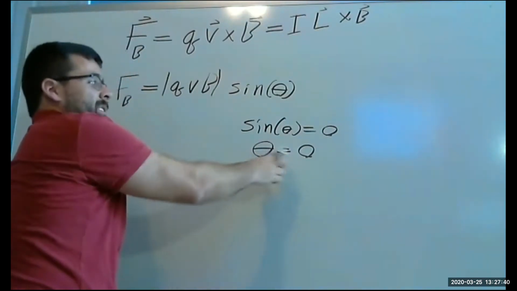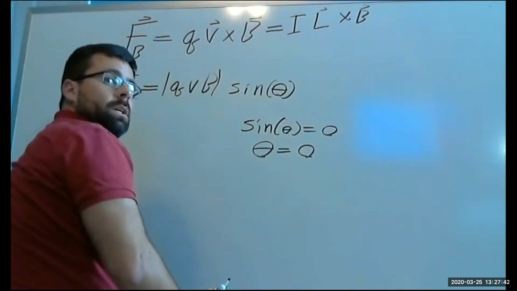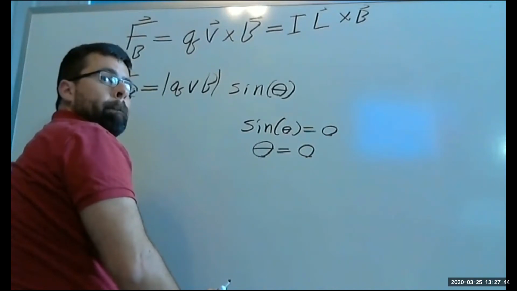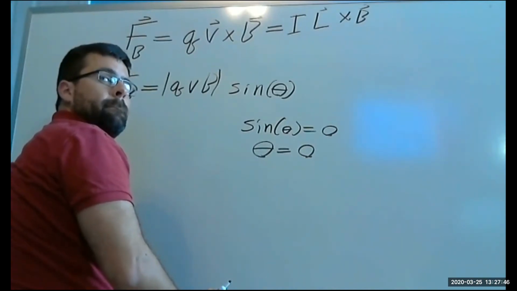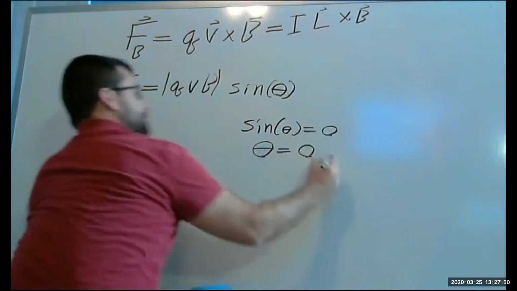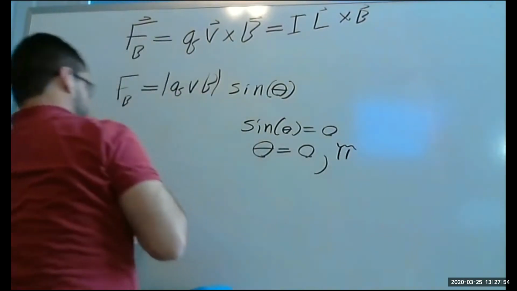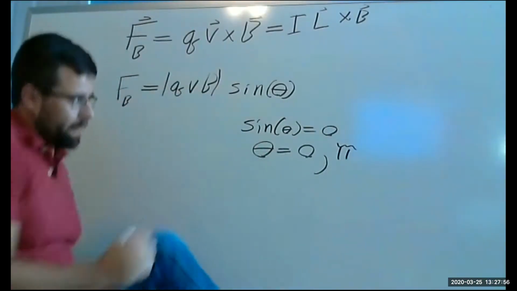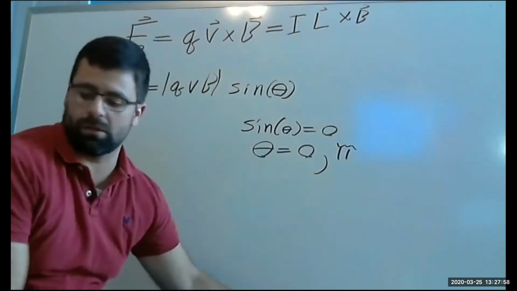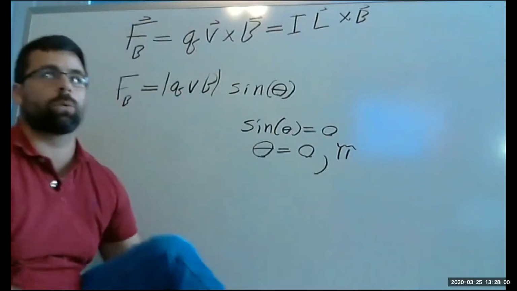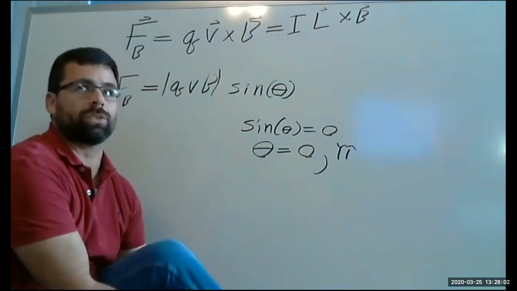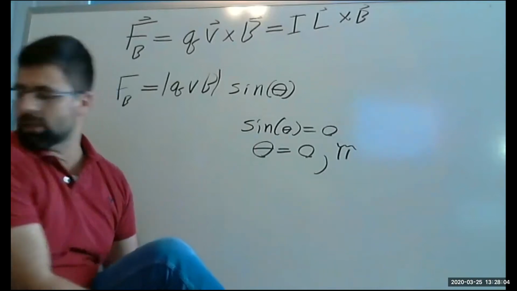That's the same as 0. It could be pi. Very good. So if sine theta equals 0, that means theta equals 0 or pi.